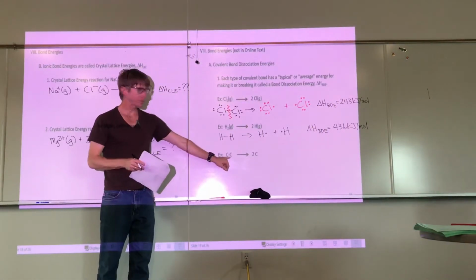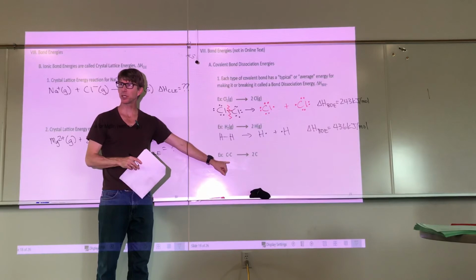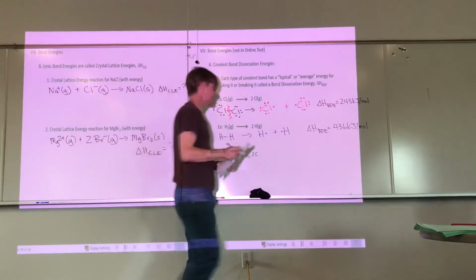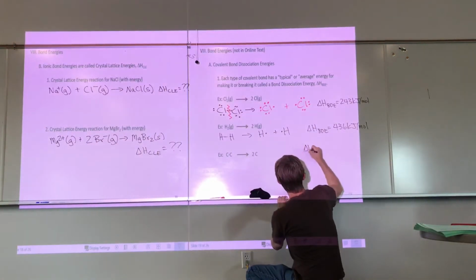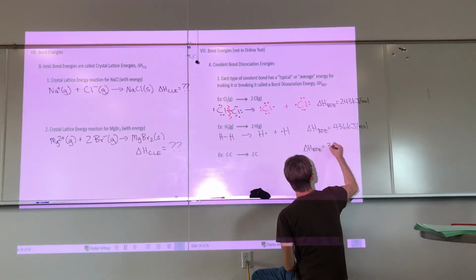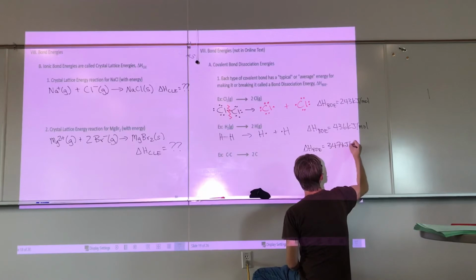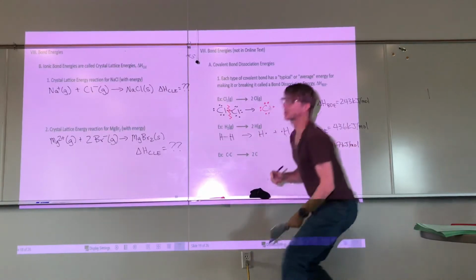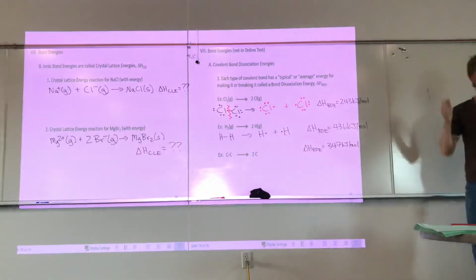And here, I'm just going to leave it like this. 2 carbons, you break the bond between them. Whatever, the number is 347. It takes energy, it's all positive.